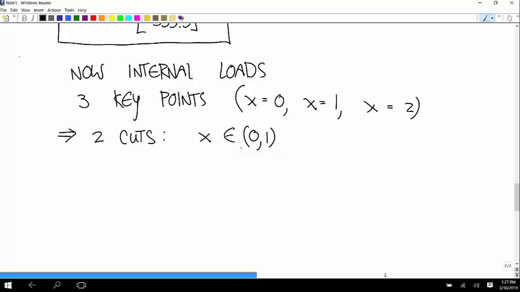That's because when we do our cut, x always represents the right endpoint. You're always going from a solid left endpoint to some value x in this range, and that right endpoint, that x value, is always exclusive of that point. Maybe that'll be more clear when we do it too. So x is between 0 and 1, and then the other one is going to be x between 1 and 2.